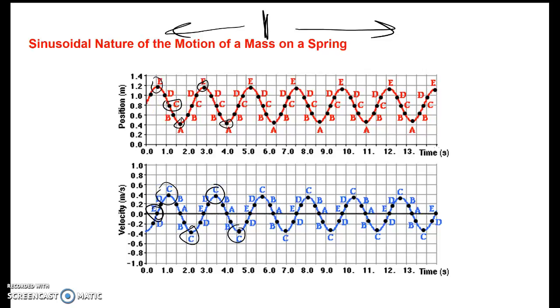And just like any kind of motion we talk about with vibrations, we're going to have damping, and this amount is going to sink a little bit lower each time. But velocity is highest at equilibrium and lowest at our ends, farthest away from equilibrium, where we should have no velocity whatsoever.